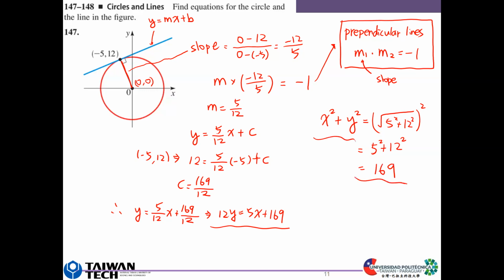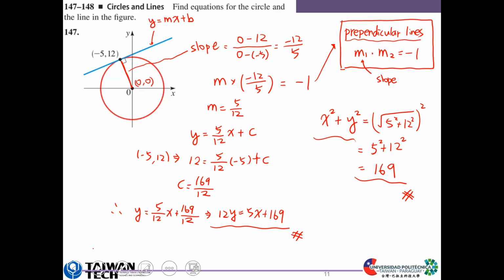So this is the equation for the circle. This problem is not hard, but it does use this formula: for two perpendicular lines, the multiplication of their slopes is -1.